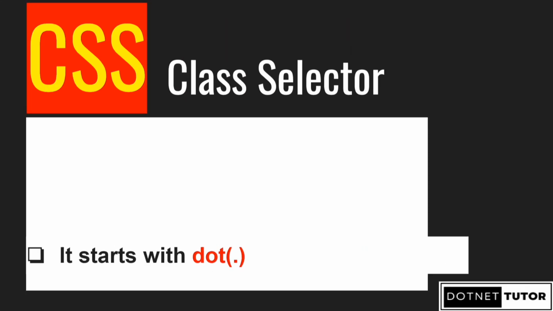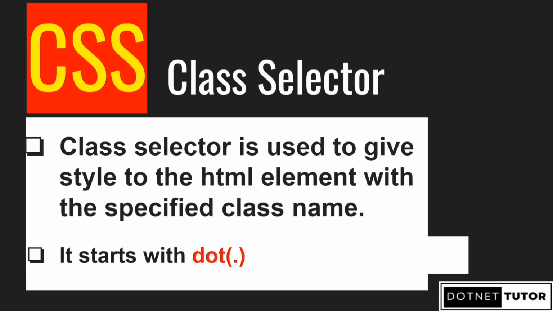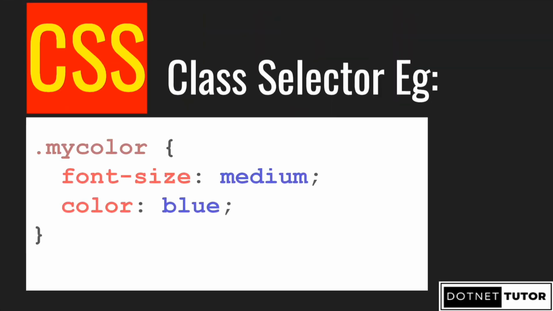And the class selector. What is the class selector? The class selector is also used to give some style to the HTML element, but we can mention this class selector wherever we want. Here, the class selector always starts with a dot symbol.